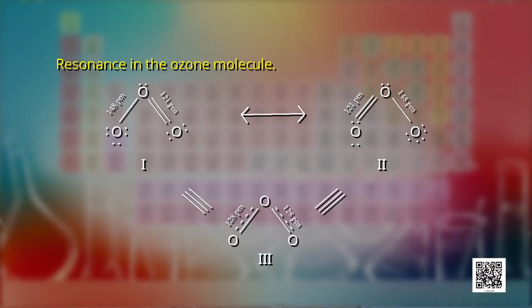You can see the resonance in the ozone molecule. In structures 1 and 2, we have a single bond between 2 oxygen atoms and a double bond between another oxygen atom. Explore how they arrived at the hybrid form. Take this task a little further and try to explain the structure of carbonate ion in terms of resonance.